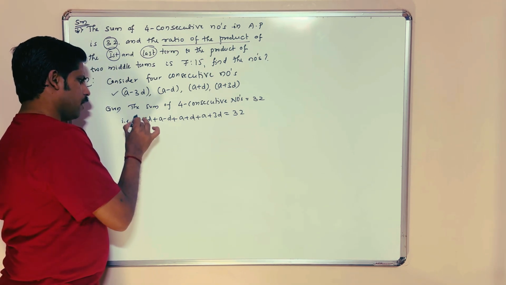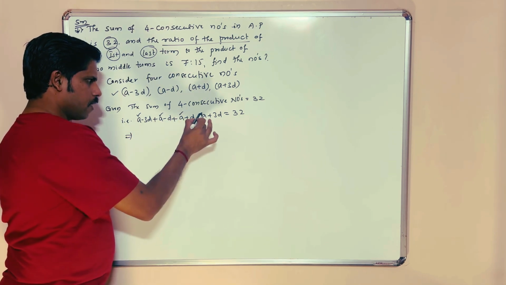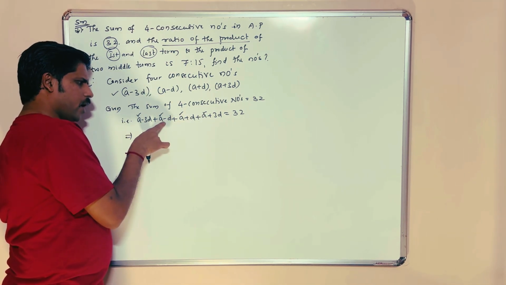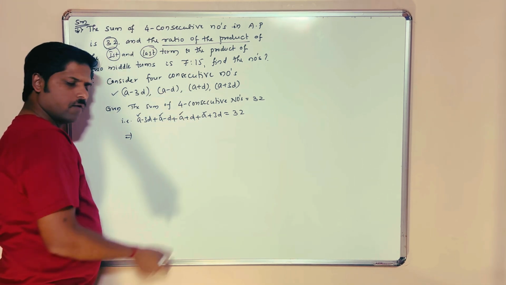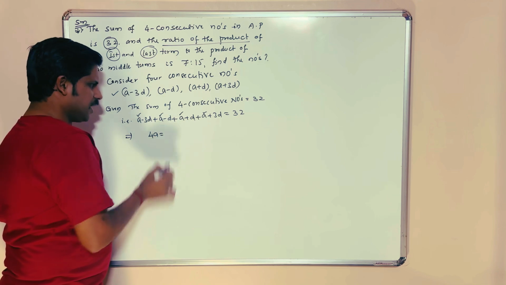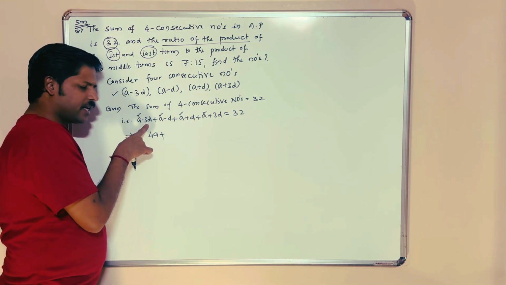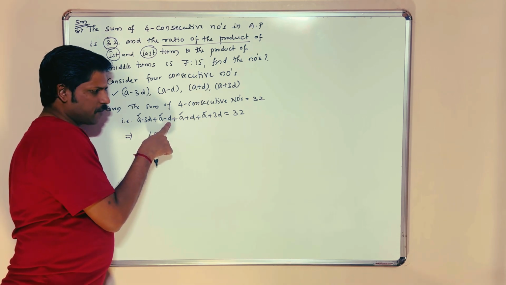We get A plus A, 2A, plus A, 3A, plus A, 4A, plus the D terms: minus 3D minus D is minus 4D, and plus D plus 3D is plus 4D.